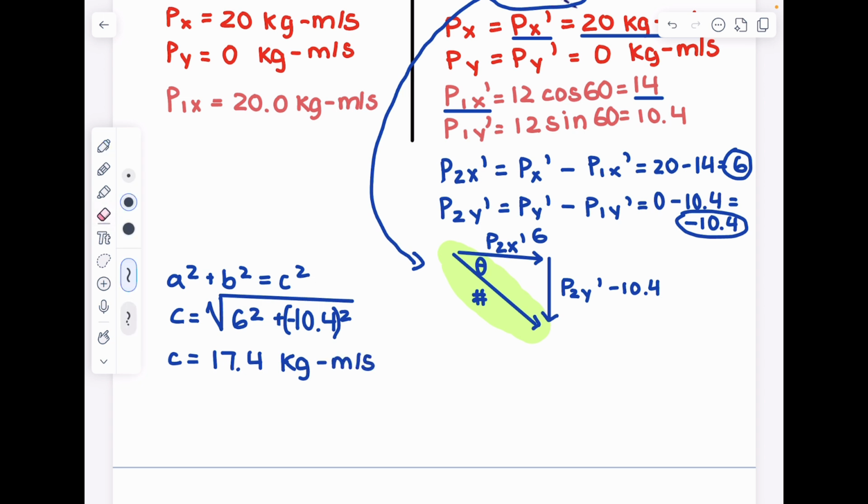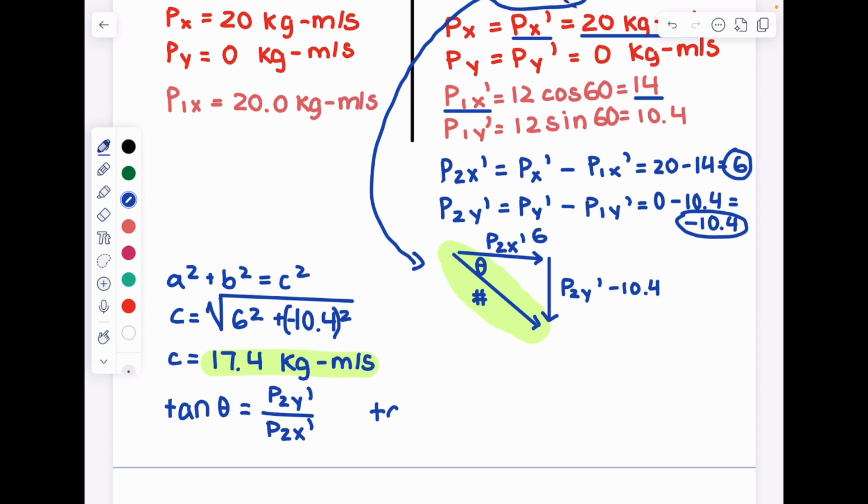And then in our notes, it has us solve using tangent, so we'll just follow that process. To get the angle, it's opposite over adjacent. So tangent of theta equals P2y over P2x.